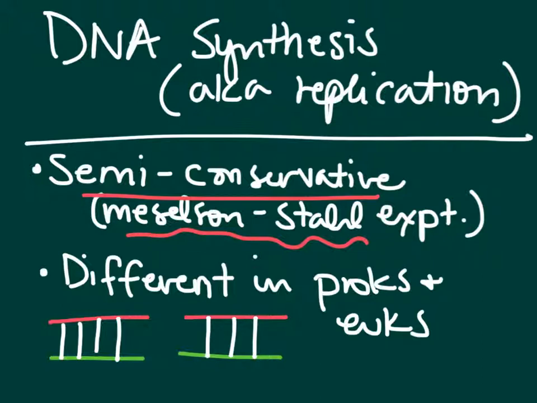This process is different in prokaryotes and eukaryotes. I should tell you, in prokaryotes, there is one spot that it starts. So in a prok, there's one spot that starts, and in a euk, there's multiple.